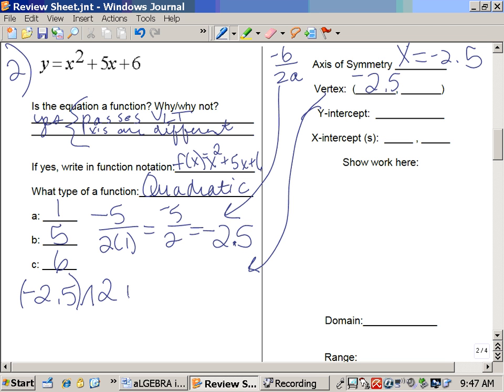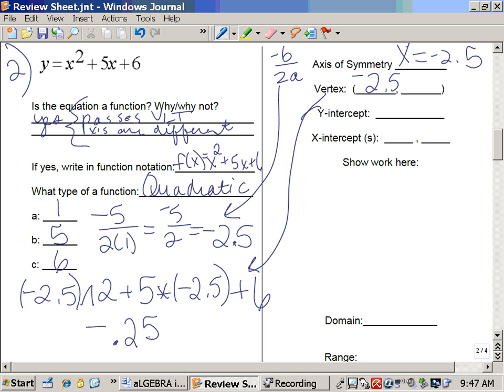Then we have plus 5 times sign. You can either put parentheses or not, but you have to put the times sign even if you put parentheses. Negative 2.5. And then what's the last part? Plus 6.